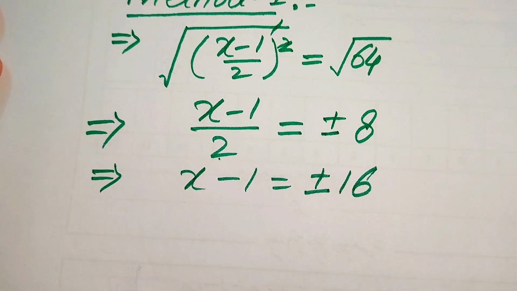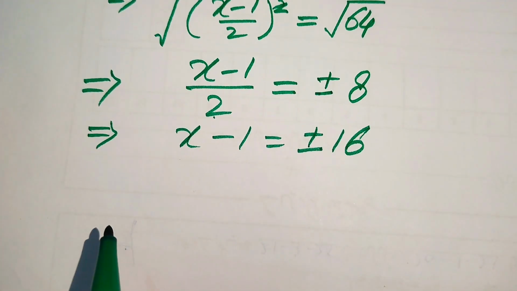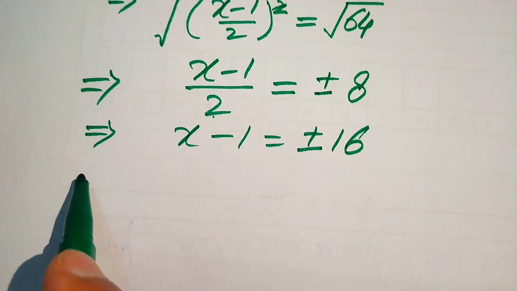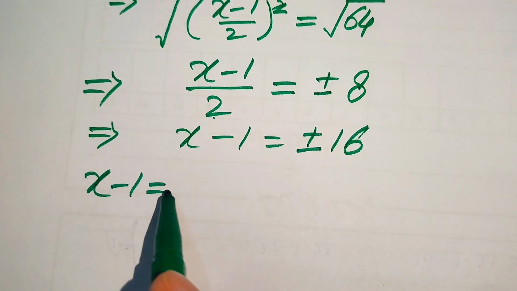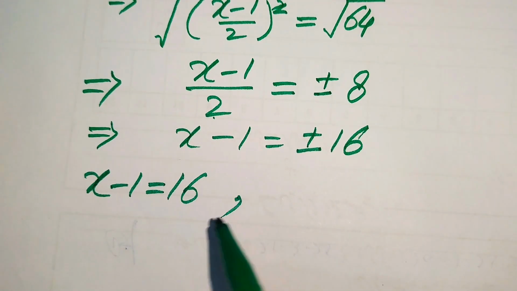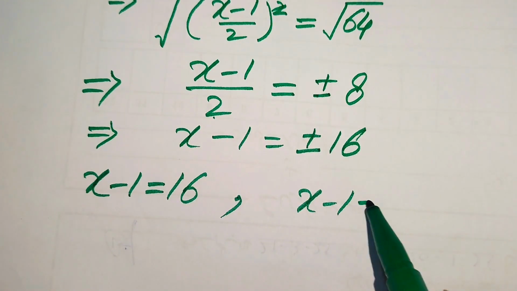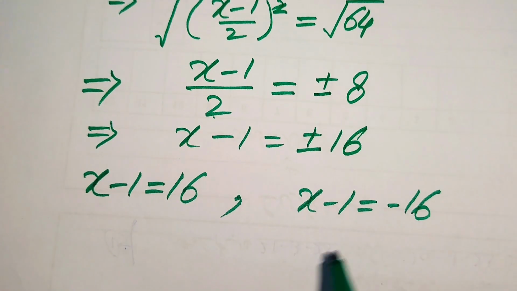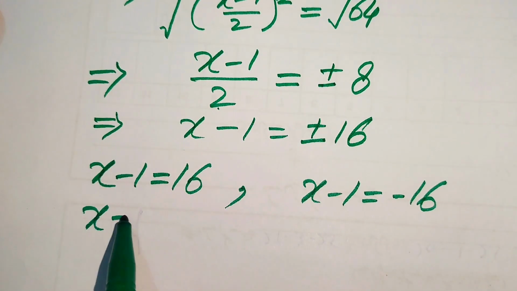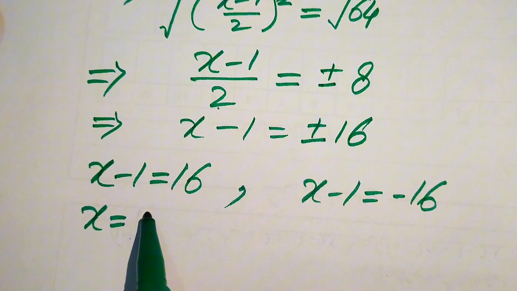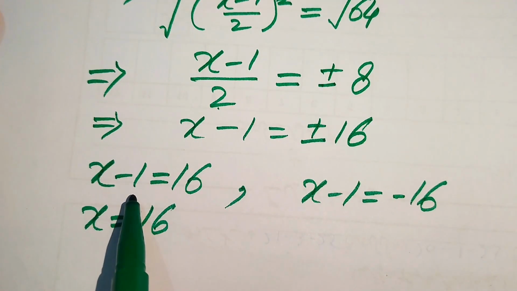Now in the next step we need to divide this equation into two cases. The first case is where we write the positive right hand side, and the second case is where we write the negative right hand side. So from here we easily get x is equal to 16, and x is equal to minus 16, each with minus 1.